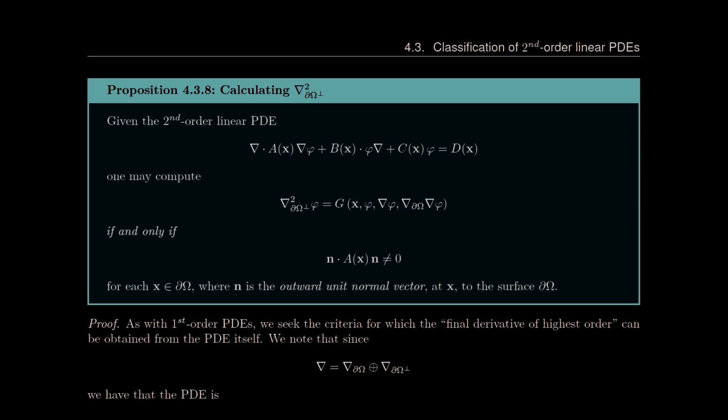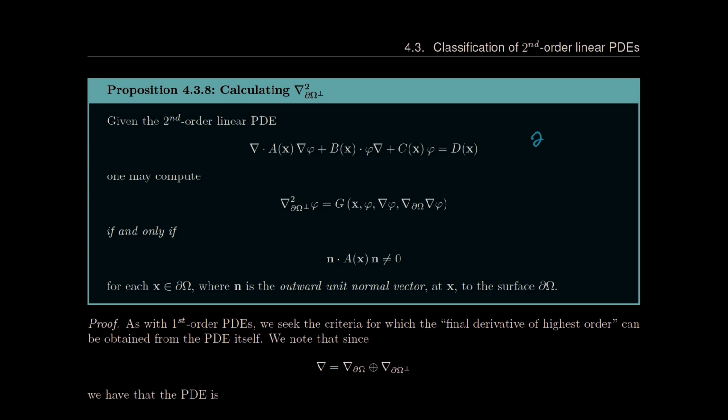So I kind of mentioned this goes back to our notion of the non-characteristic condition, which really has its heart in calculating derivatives normal to the boundary, right? So in terms of second order PDEs, we're talking about calculating the second order derivative in the direction normal to the boundary.